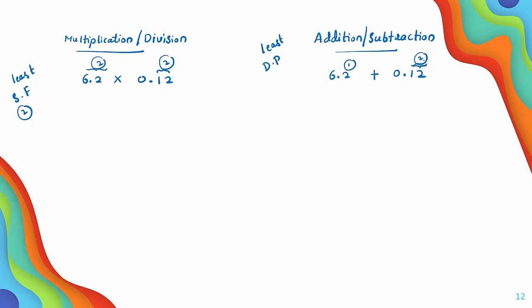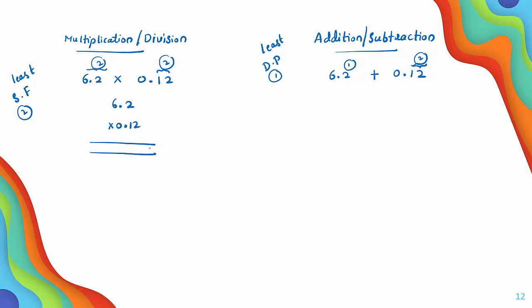So in addition and subtraction, we have to consider the least decimal place, that means 1. In multiplication and division, we have to consider least significant figures. Is it clear? Now, let us multiply 6.2 with 0.12.